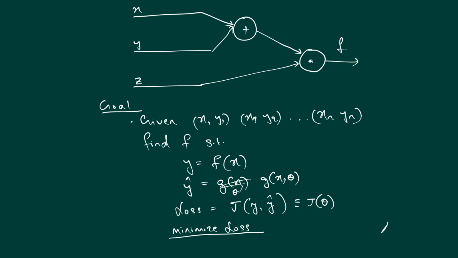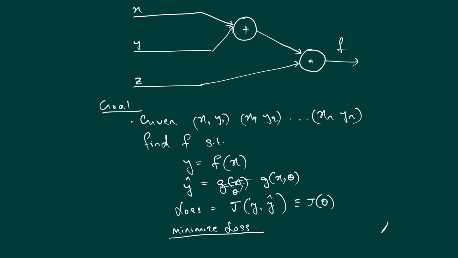Now, this f, which is determining the actual output, is an empirical function and we might not ever get a handle on that. So the trick is that we want to come up with a surrogate for f, which is g, which depends on x, which is the input, and this is given and fixed, and some theta, which are the parameters, and we come up with an estimation y hat.